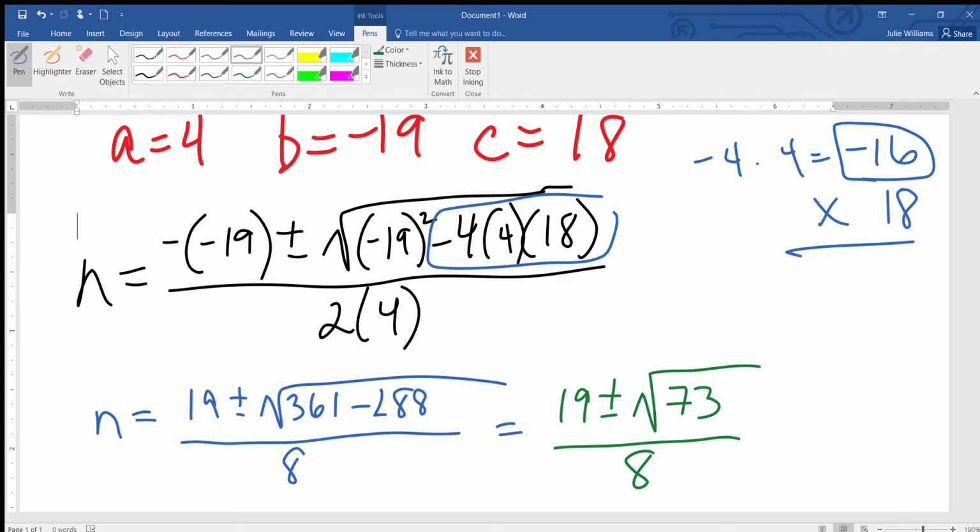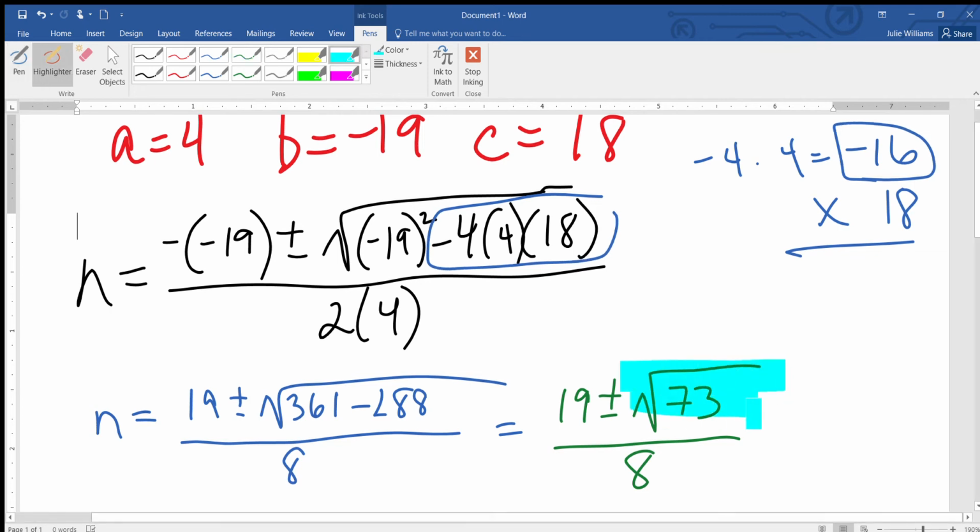I need to look at the square root of 73. Can I simplify that? Does that have any perfect square factors? I think of 4, no, 4 does not go into that evenly. I think of 9, nope. So then 16 wouldn't because 4 didn't. So no. Therefore, this radical cannot be simplified.